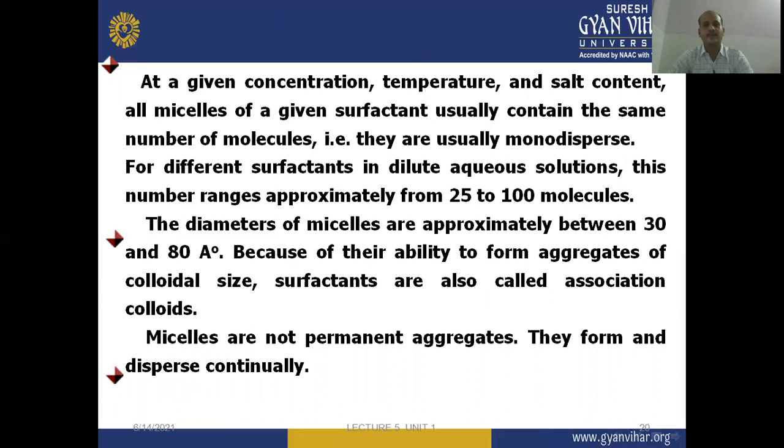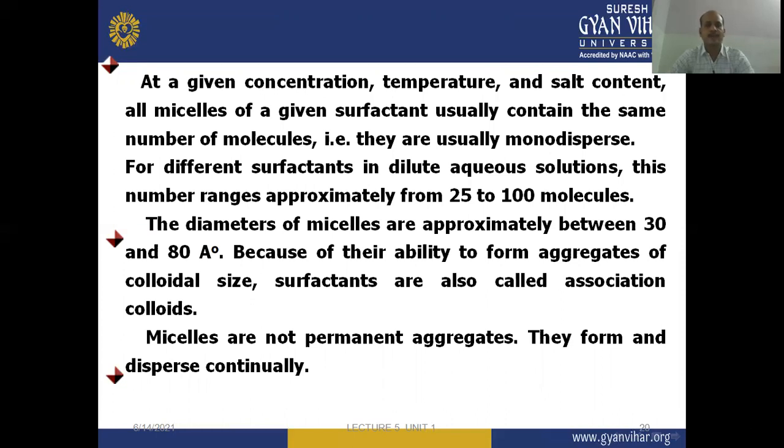So this depends on the different type of micelles. So a number of surfactants, in the range of 25 to 100 molecules, aggregate and form a specific type of structure which is known as micelles. The diameters of micelles are approximately between 30 and 80 angstrom.